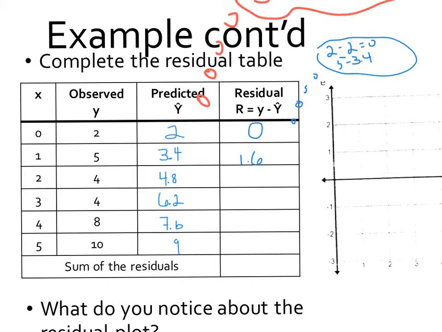Continue down the rest of the column. Hopefully you find the remaining residuals to be negative 0.8, negative 2.2, 0.4, and 1. Notice at the bottom of the table we have the sum of the residuals. So we're going to take this column and add those values together.